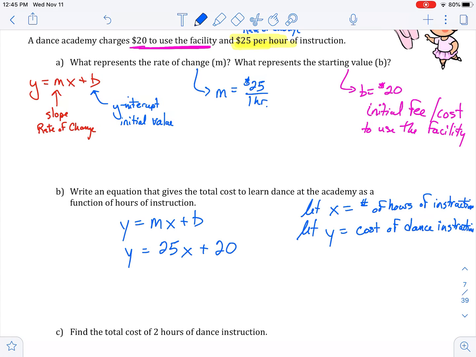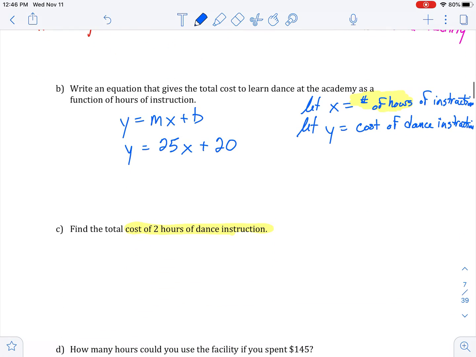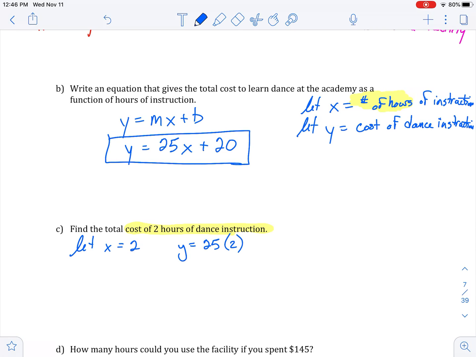When we move down to part C, it asks, can you find the total cost for 2 hours of dance instruction? I recall that x is the number of hours of instruction, so this is asking me to let x equal 2 in this function. If I let x equal 2, y is equal to $25 per hour multiplied by those 2 hours plus that initial fee of $20, which is 50 plus 20, so y is equal to 70. I would remind you to answer in sentence form.